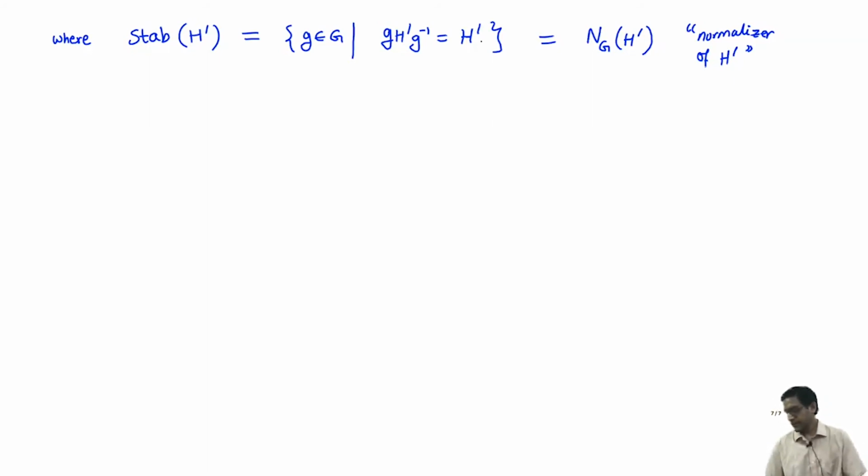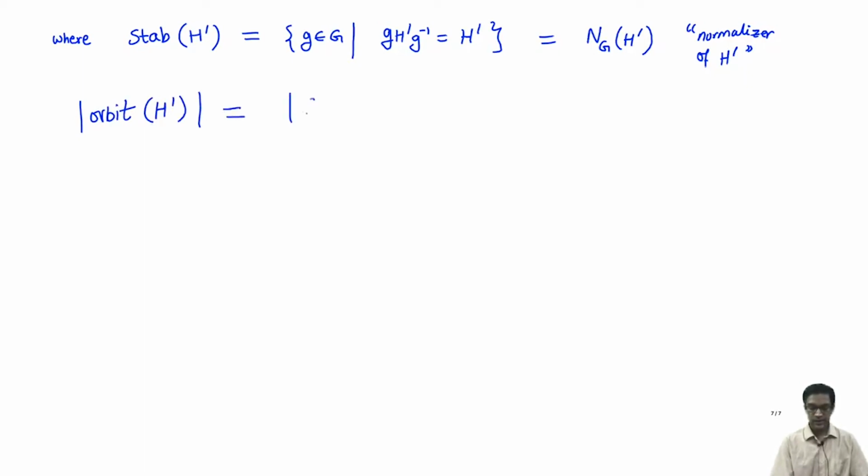Now let's see what else we can conclude about the stabilizers. Recall the orbit-stabilizer theorem, the one giving the cardinality of an orbit. The orbit is related to the stabilizer in this way: if you know the cardinality of the orbit, that determines the cardinality of the stabilizer.